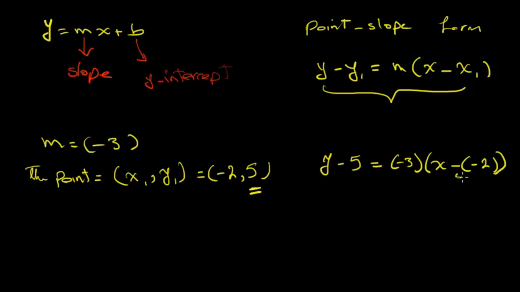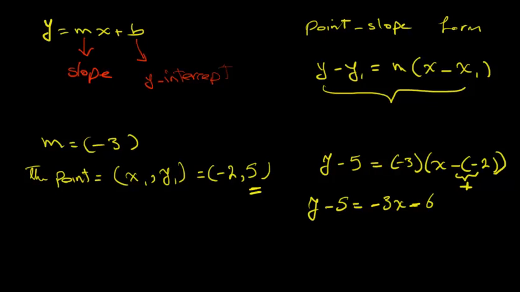So we first get minus and we'll have plus. We write y minus 5 equals minus 3 times x is minus 3x, minus 3 times 2 is minus 6.